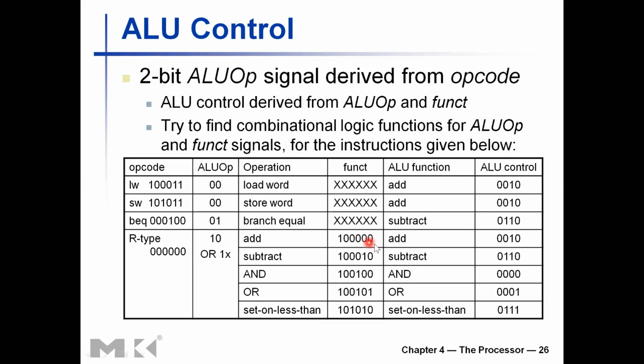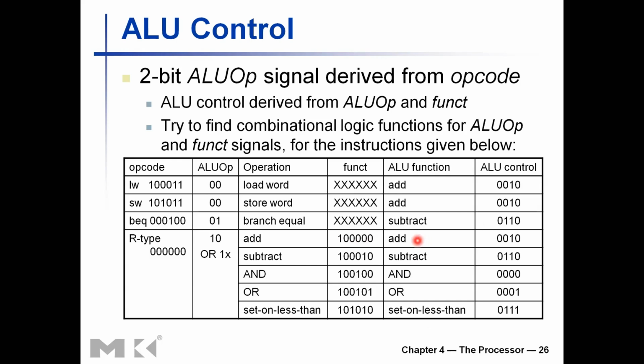If the funct field is 100000, you're talking about the add instruction, adding the 2 operands. If the funct field is this, it's subtract. So for different operations of the ALU, the funct field has different function codes, and the ALU control signal should be decided accordingly. Here, the funct field 100000, or number 32, means the add operation for an R-type instruction.